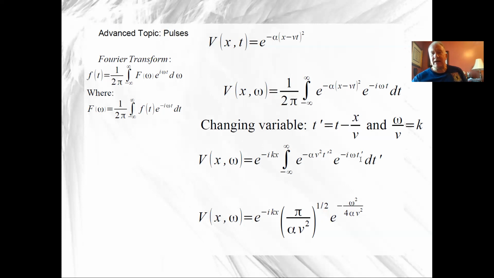So we'll plug that into our values, right? We get e to the i omega t, okay? And then alpha v squared t prime squared. And we can factor out an e to the minus ikx.